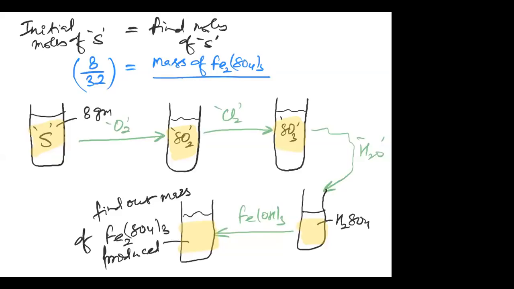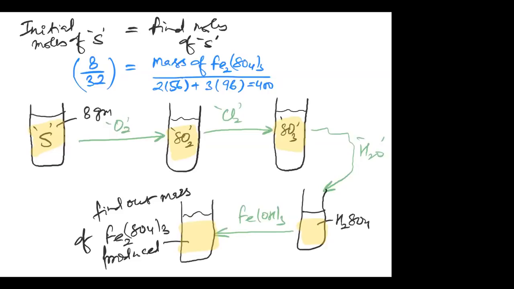If you add iron, it is twice 56 for iron, and thrice 96. Overall it comes out to be 400 as the molecular mass of ferric sulfate.